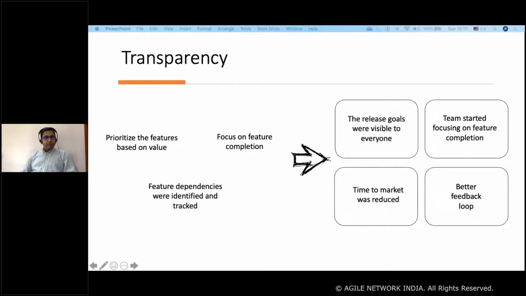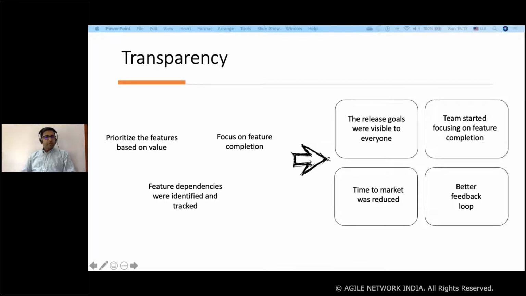The time to market was reduced. When the team was focusing on feature completion, the features were released faster. Earlier there were multiple features in progress, and no work-in-progress limit had been introduced.